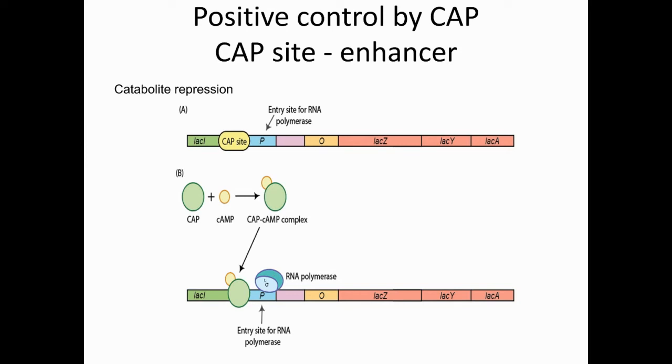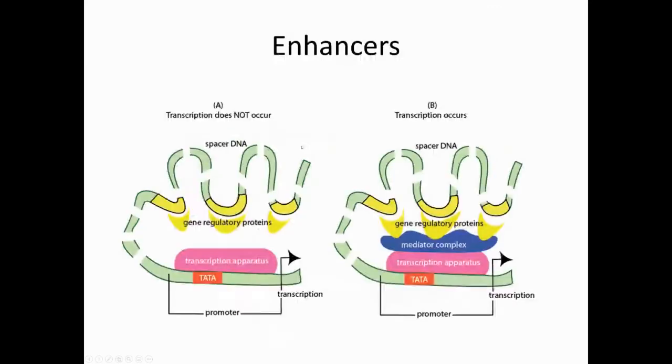However, in the presence of glucose, the cyclic AMP level is very low. Therefore, there is not enough complex to bind to the promoter, and it cannot stabilize the polymerase, so there will be very little transcription. That's the CAP side, an example of an enhancer too.